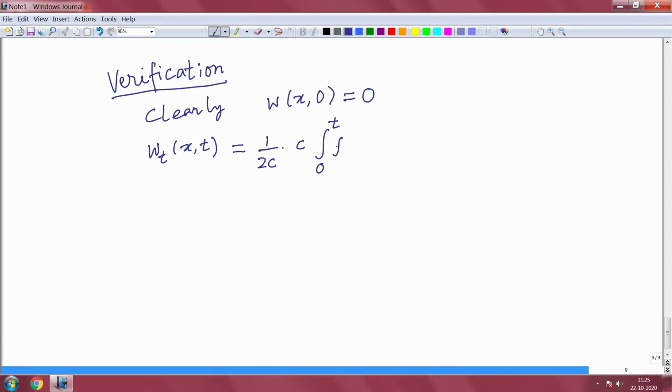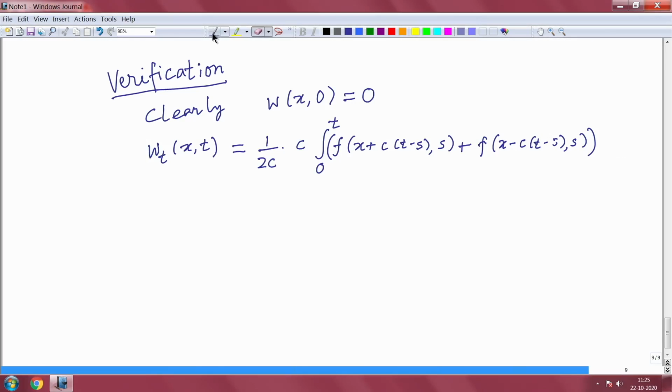So, this is f of x plus c(t minus s) plus, you do it carefully, you see these terms come there, the whole thing ds.